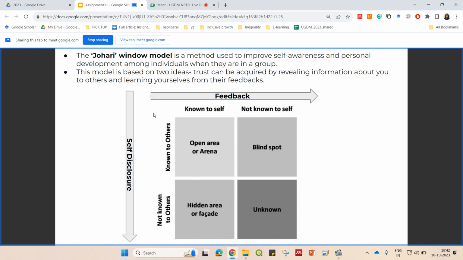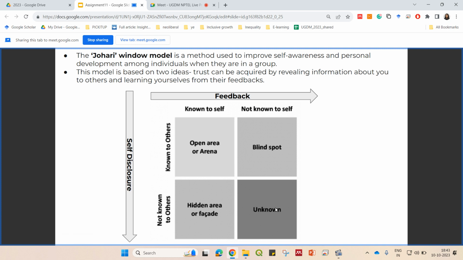Starting here, this is the point where there is maximum feedback and maximum self-disclosure, and if you move in this direction, there is no feedback at this end, and if you move in this direction, there is no self-disclosure, or not telling anything about yourself.